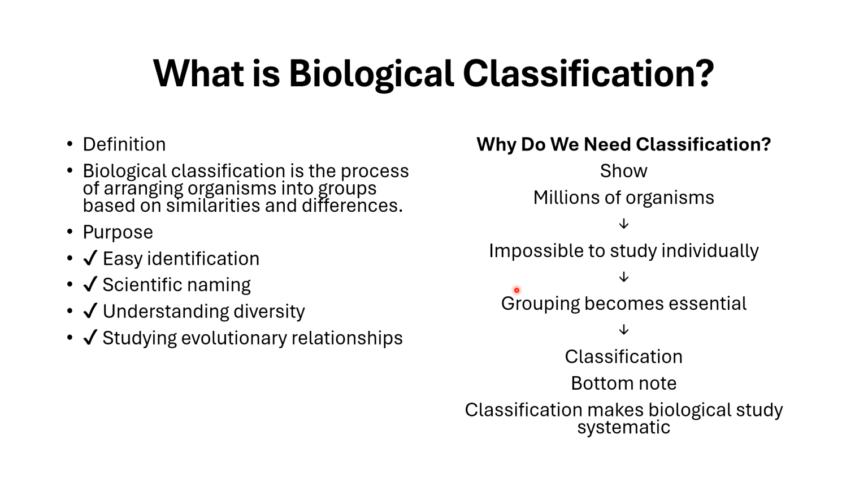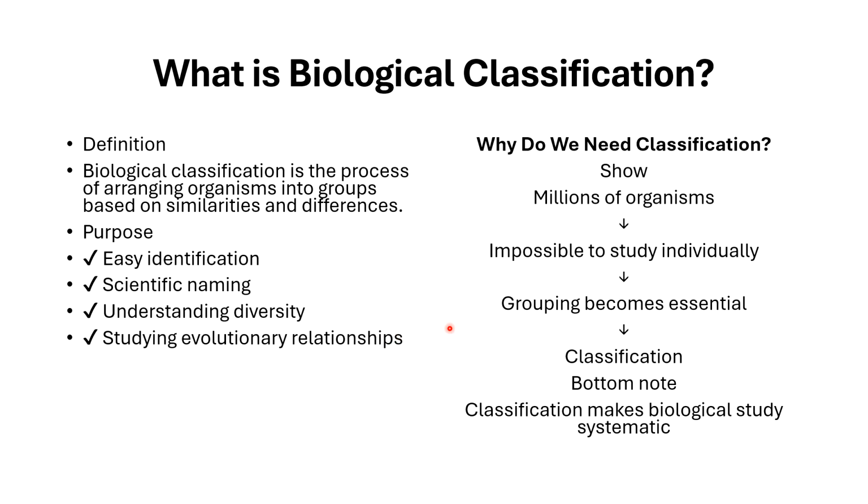So grouping of them is very essential, which helps in easy identification. We can give them a scientific name, and this process is called classification. So classification makes the biological study very systematic and also helps in understanding the evolutionary relationship.